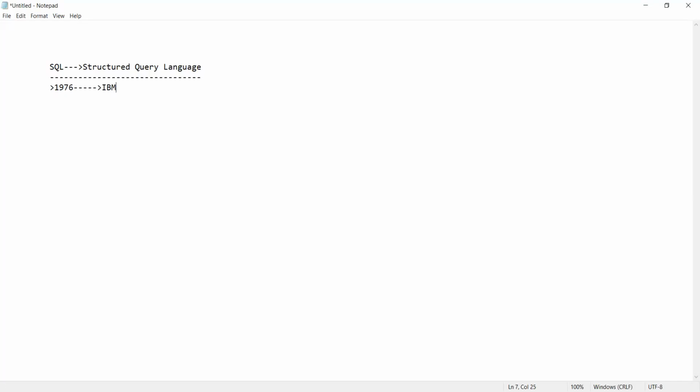Okay, this language called SQL was introduced prior for small calculations. Later on it developed, and now it is considered a major part of all the products of the RDBMS.